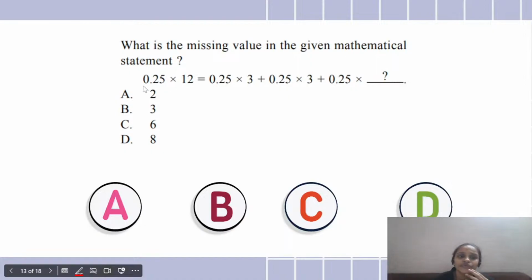I have 0.25 multiplied by 12, and here I have 0.25 multiplied by 3 plus 0.25 multiplied by 3 plus 0.25 multiplied by what? So that I can get equal to 0.25 multiplied by 12. Here we do not really require any calculations. You simply have to observe and find out what number is going to come in the blank over there.